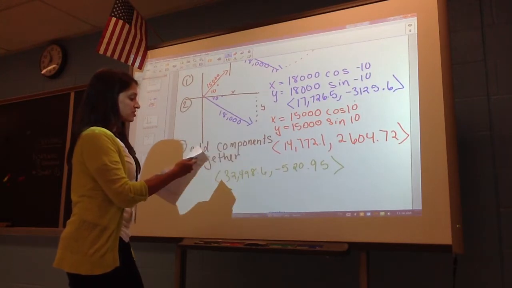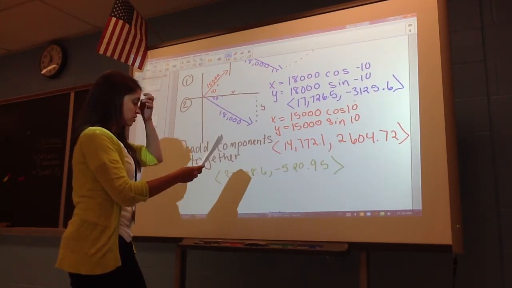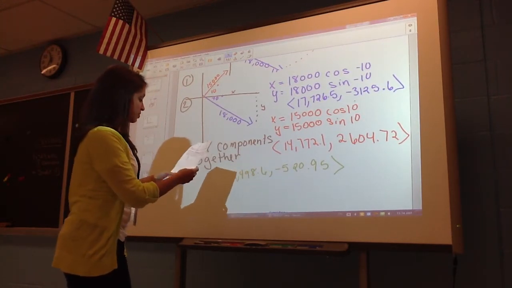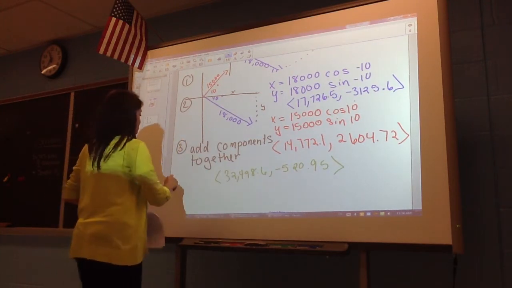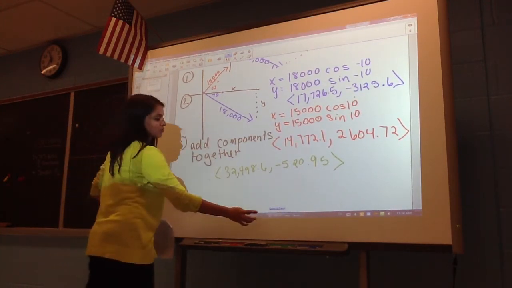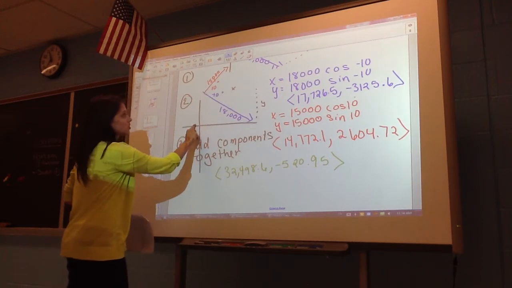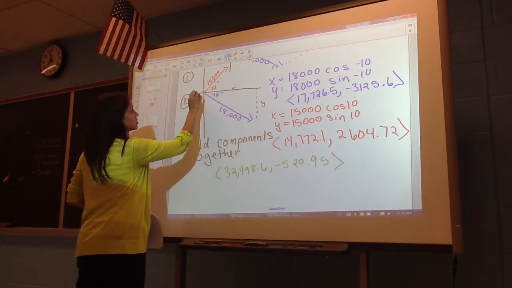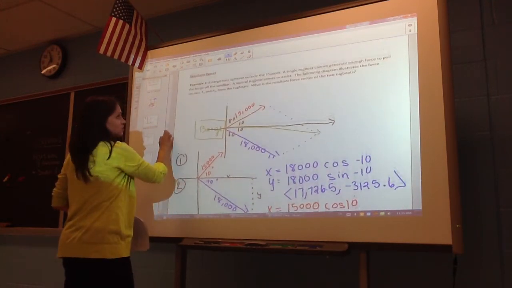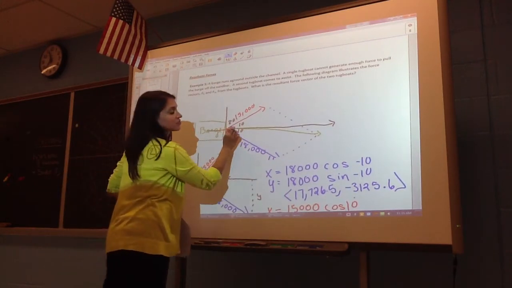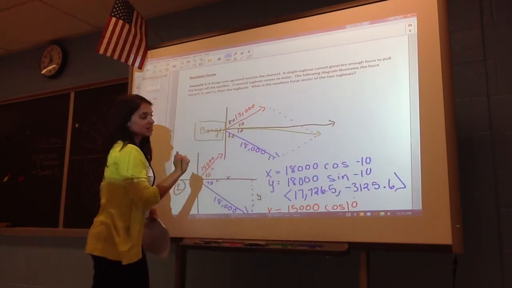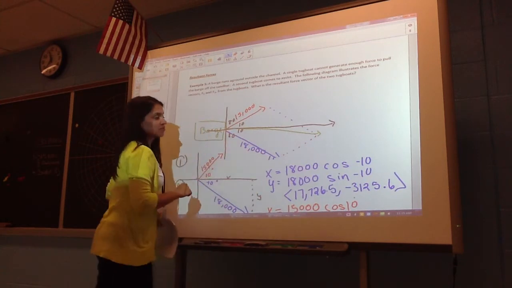And then our 4th step, the 4th step is to find the magnitude and the direction of that resultant vector. So if I go back to this picture up here, I have to find the actual length of that, and then the degree of this angle in here.